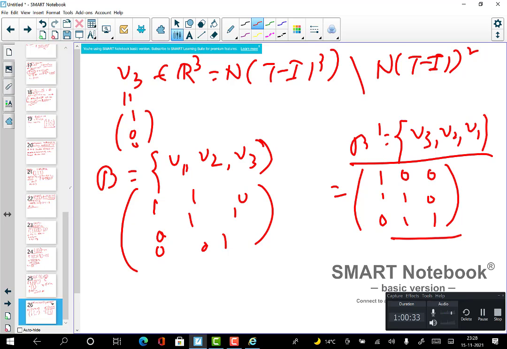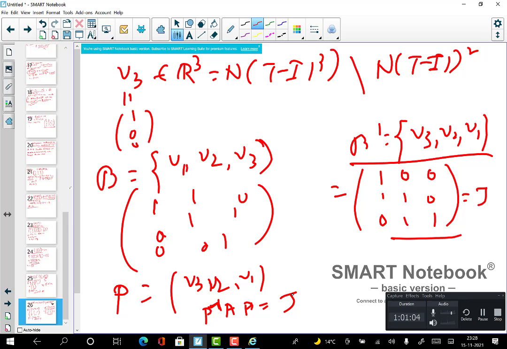Okay, doesn't matter. So this is the basic idea of how to find the Jordan canonical form, and with respect to this basis, that means if you write down the matrix P whose column vectors are v3, v2 and v1, then P inverse A P will be the Jordan form, say J. And if you write v1, v2, v3 instead of v3, v2, v1, then the Jordan form will be this other one, which is J dash in that case.